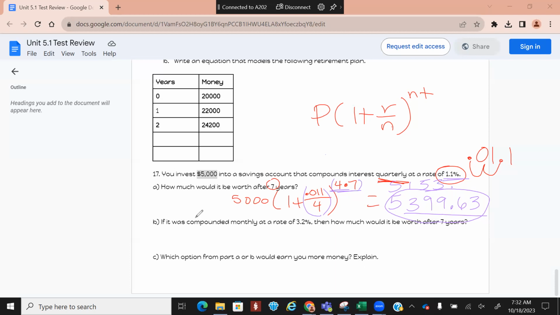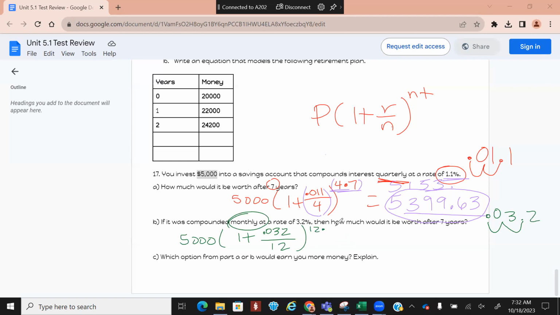Okay. So on the next one, it says it's compounded monthly at a rate of 3.2%. How much is it going to be worth after 7 years? Again, we start with 5,000. We say 1 plus. We're going to change this percent to a decimal, so this is going to give me 0.032. We're going to divide it by 12 because it's monthly.